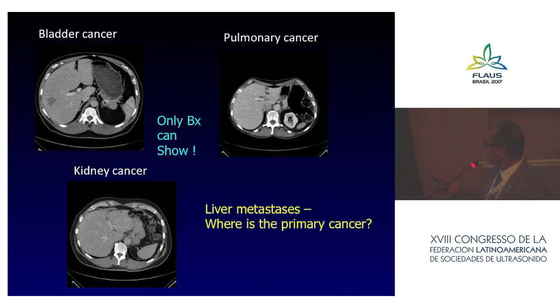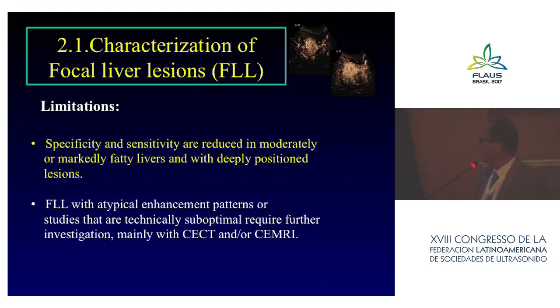They had one metastasis each. One there, one there, one there. Where is the primary cancer? You don't know, I don't know. We took biopsies and found bladder cancer, pulmonary cancer, kidney cancer. So contrast ultrasound and CT and MRI, no difference in that respect. You cannot tell where the primary came from, except if you have a study that shows a lesion somewhere else.